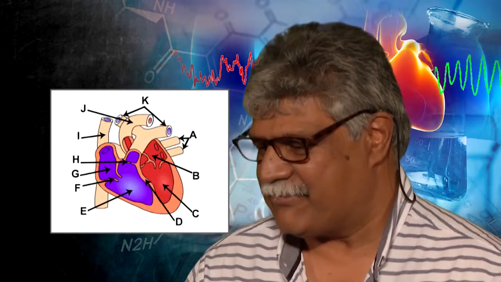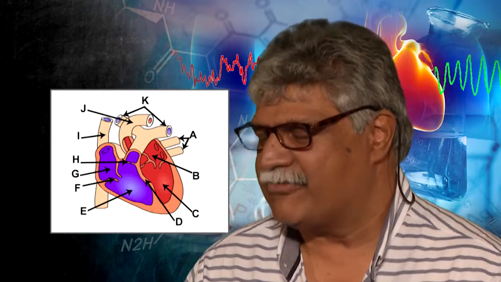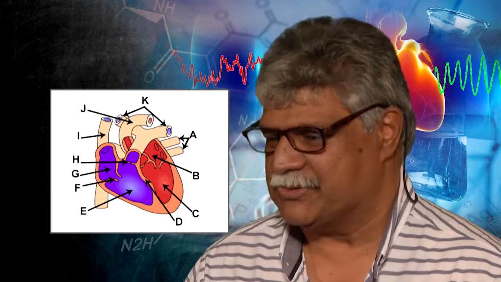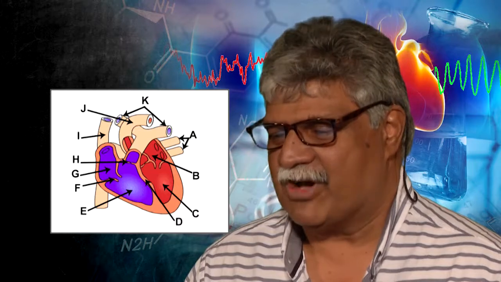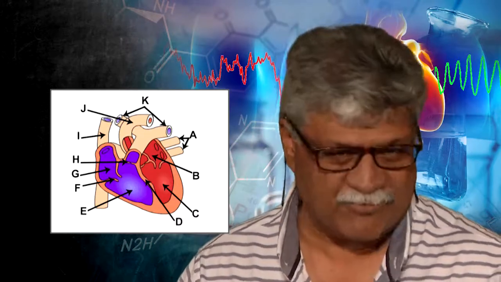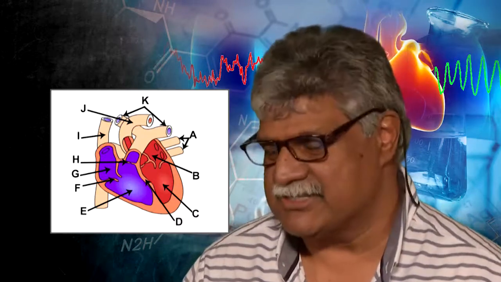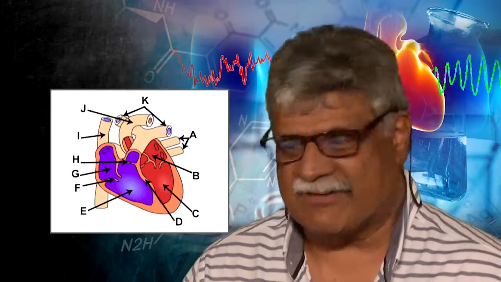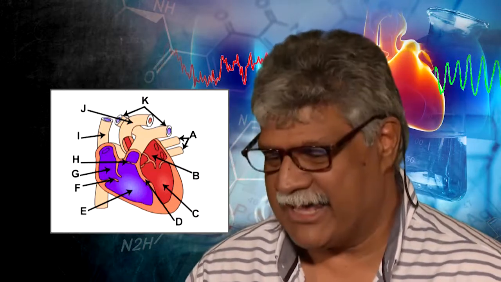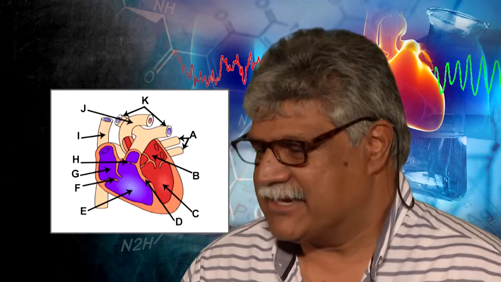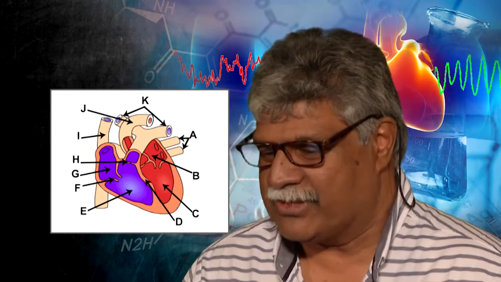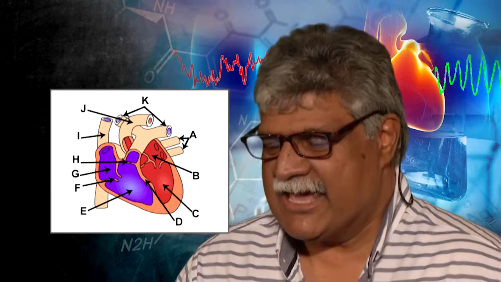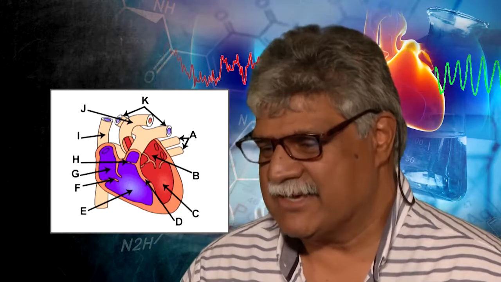If you look at the diagram of my little informal assessment, you will see that I've got the heart, the same heart that we've looked at and studied the structure and functions of. But now instead of having labels, I've got letters of the alphabet there. And I ask the following questions. Give the labels of the following parts.